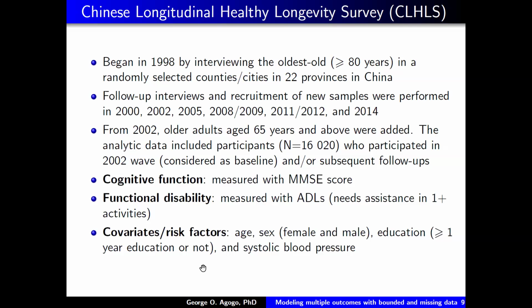Here, we measure cognitive function using MMSE score and functional disability using ADL disability. And as covariates, we assumed age, sex, and education at baseline, and systolic blood pressure.